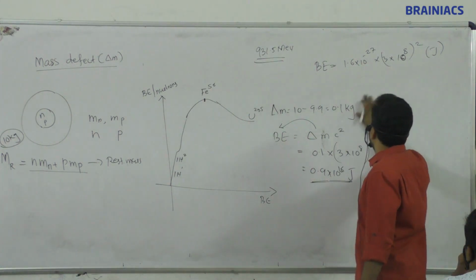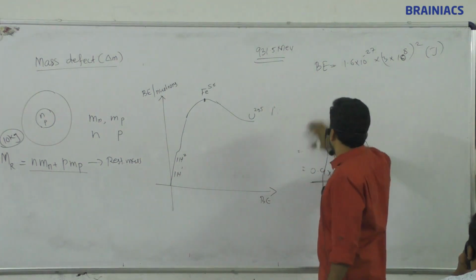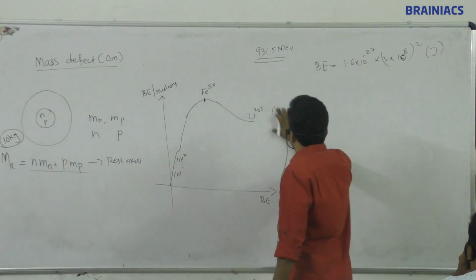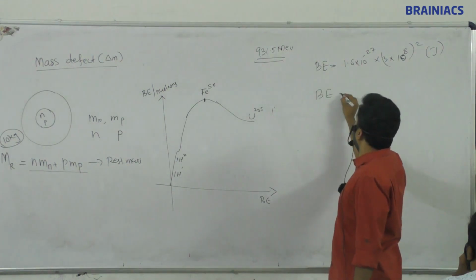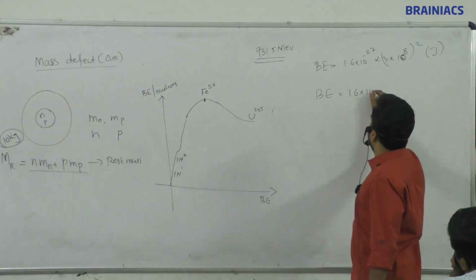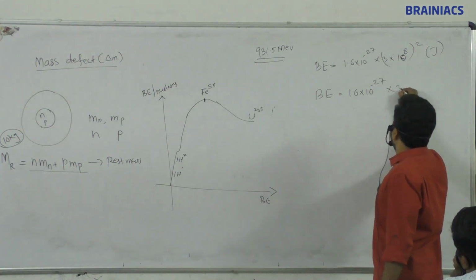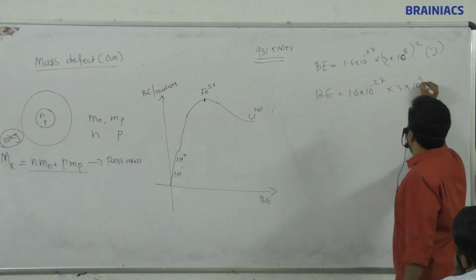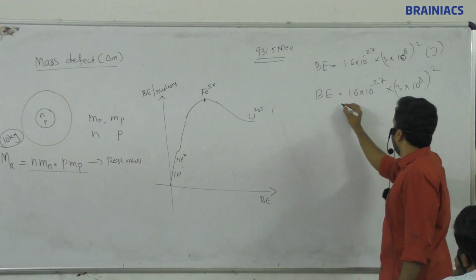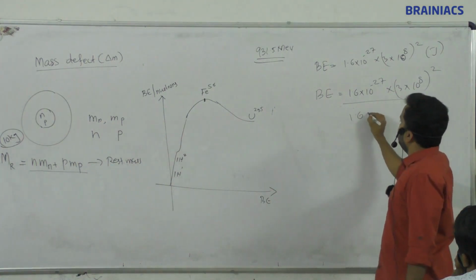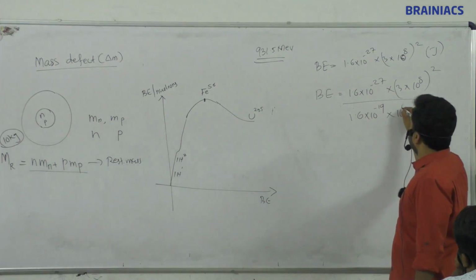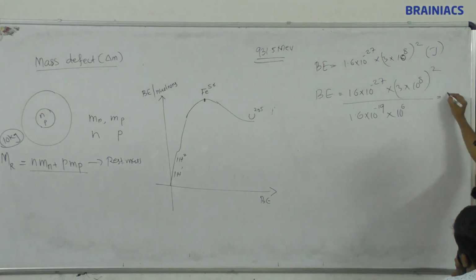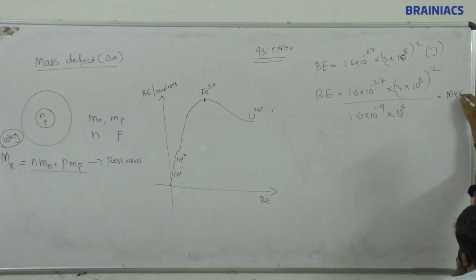For that, should I multiply or divide? I have to divide. So binding energy is equal to 1.6 into 10 power minus 27, 3 into 10 power 8 the whole square, divided by 1.6 into 10 power minus 19 into 10 power 6. If you do it like this, you will get the unit in mega electron volt.